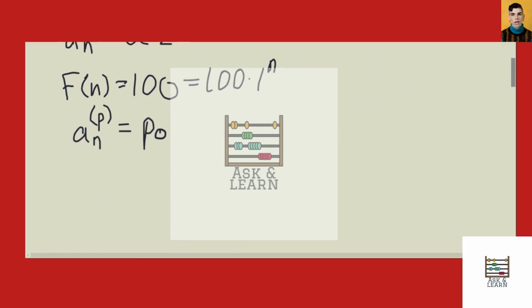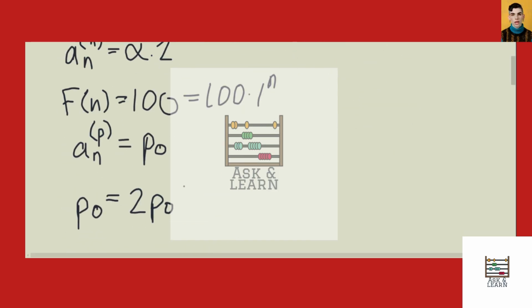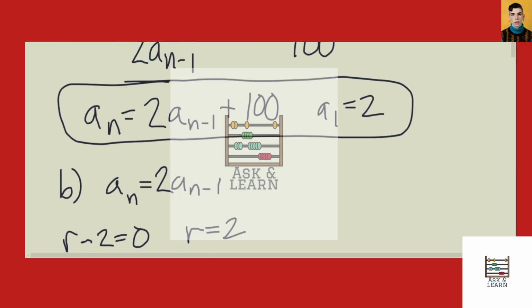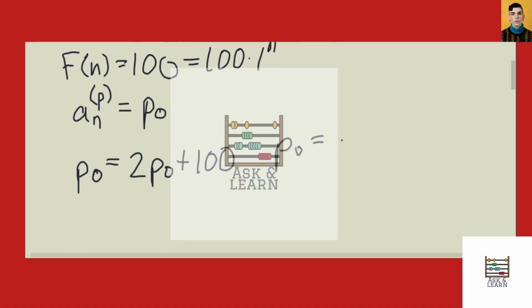So we have that p_0 is equal to, on the right hand side, 2p_0 plus 100. So we get that p_0 is equal to negative 100. So the particular solution is negative 100.